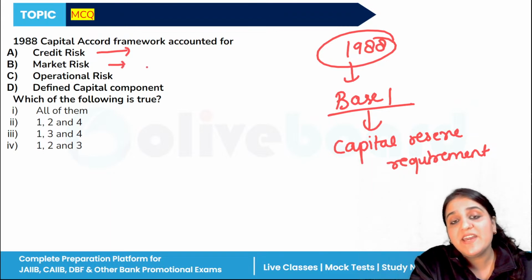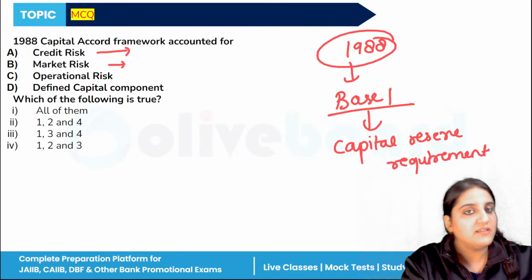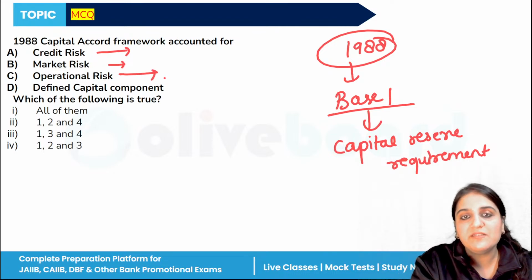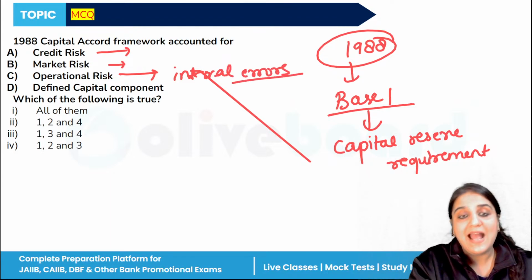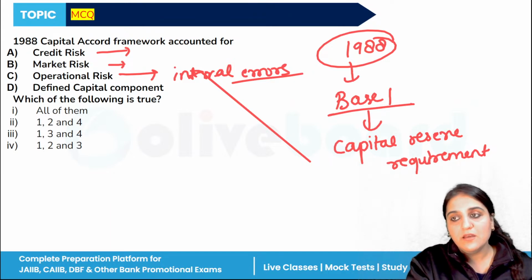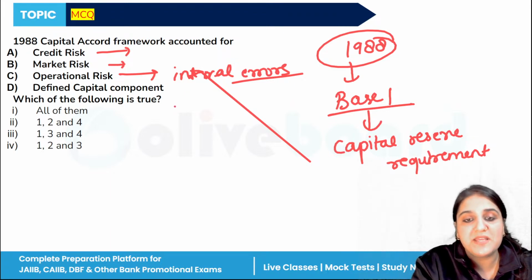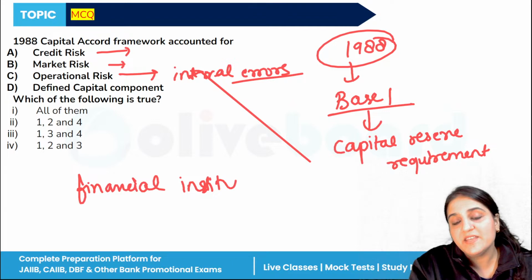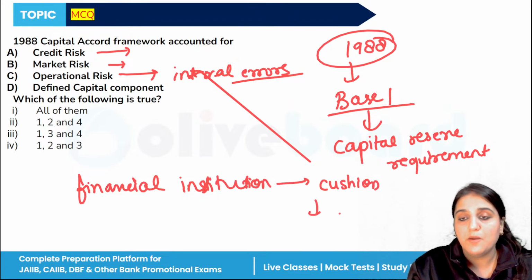Market risk is when there is a risk to the bank due to changes in market factors. Operational risk is related to the internal errors of the bank. And defined capital is the amount of capital that a financial institution is required to hold as a cushion against potential losses.